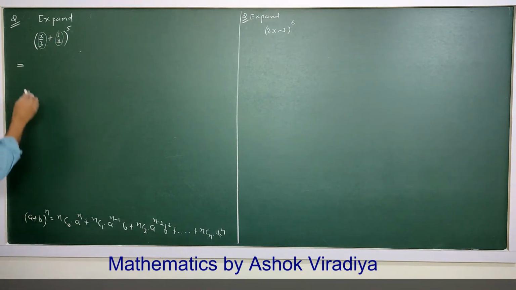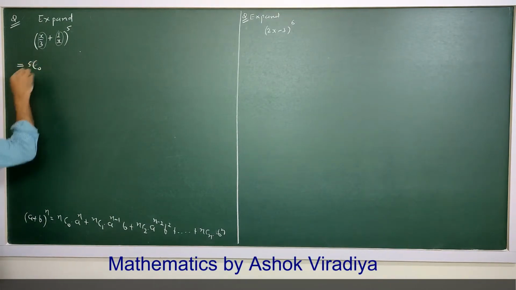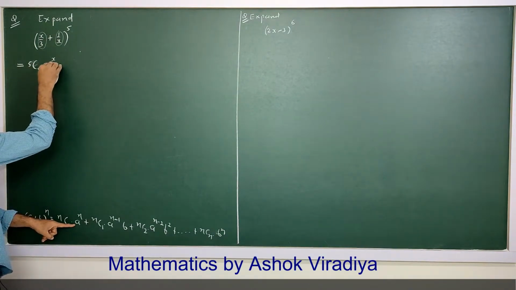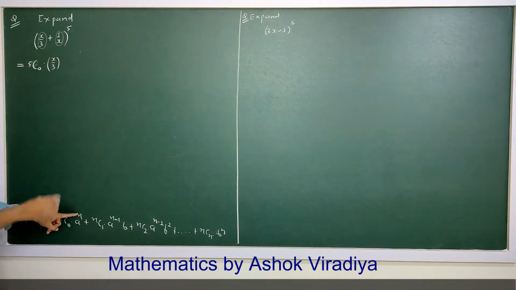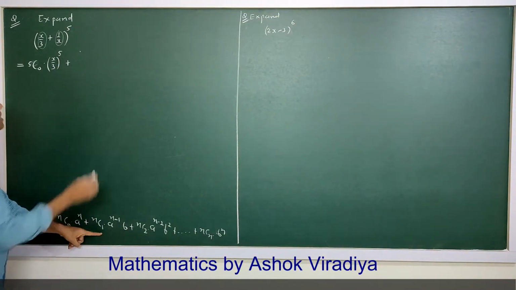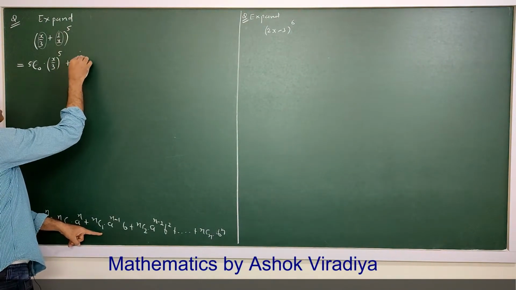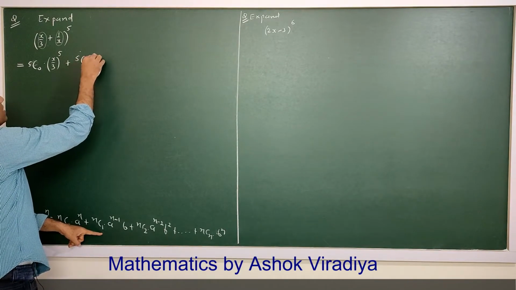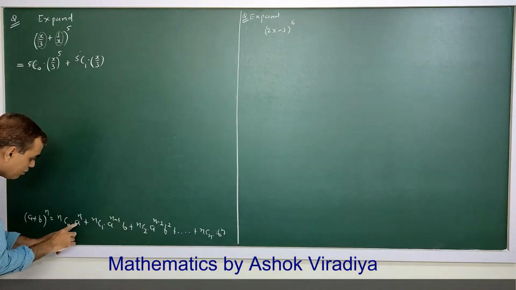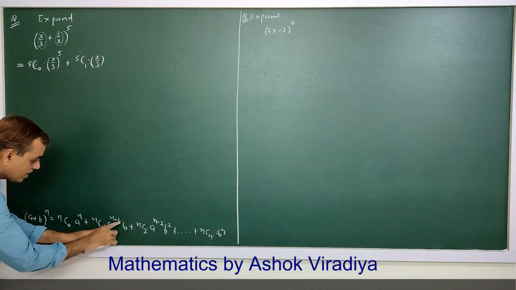So applying this formula, nC0 a raised to n, plus 5C1 a raised to, now see the power of a is decreasing by 1.